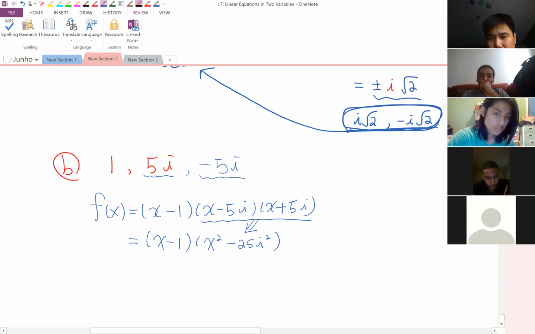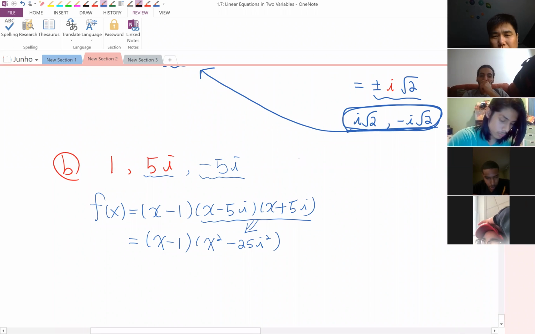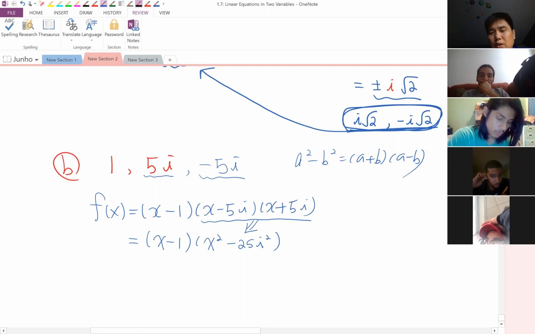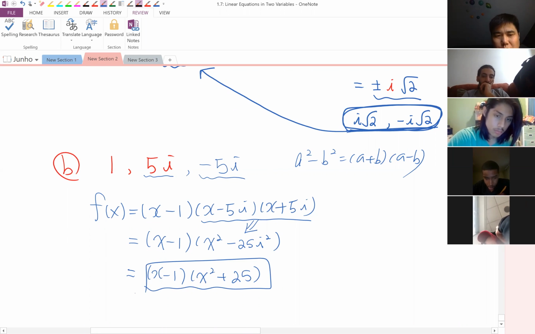You just multiply these two here. Yes. And then we use the factoring method here: a squared minus b squared equals a plus b times a minus b. Basically, we are taking a shorter way here. So the final answer becomes x minus 1 times x squared plus 25. That's the answer for this problem.